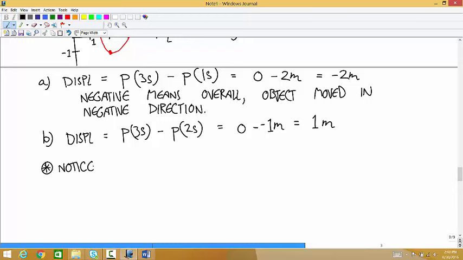One thing to notice about displacement is no matter what the object does in between these two instants, if the object makes a round trip, the displacement is going to be 0. So if the object finishes where it started, the displacement is 0.